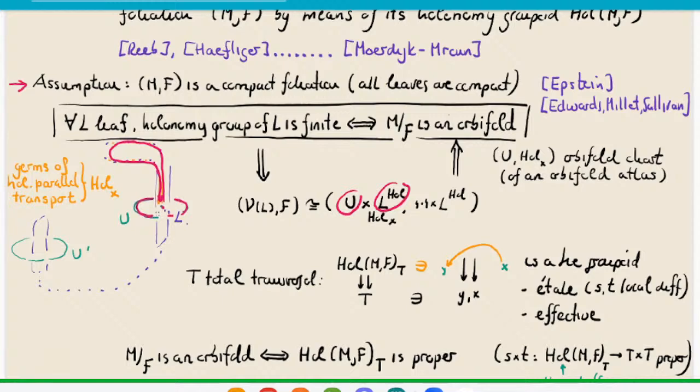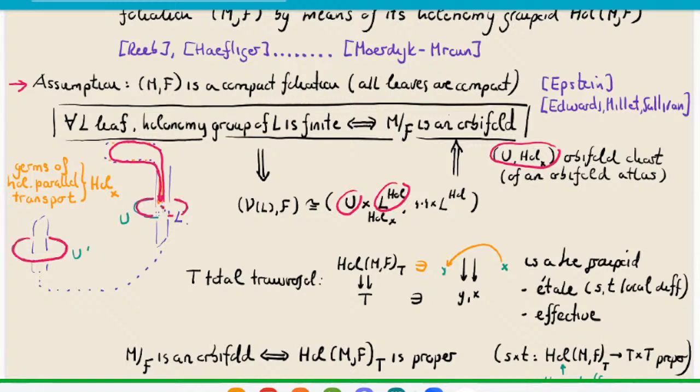And that quotient space is precisely a tubular neighborhood of the given leaf. And of course, from there, one produces right away an orbifold chart. So one takes the transversal, and then one linearizes the action of the holonomy group. And well, from there, one does that for different leaves and builds an orbifold atlas.